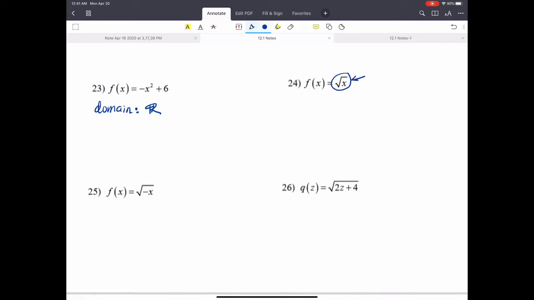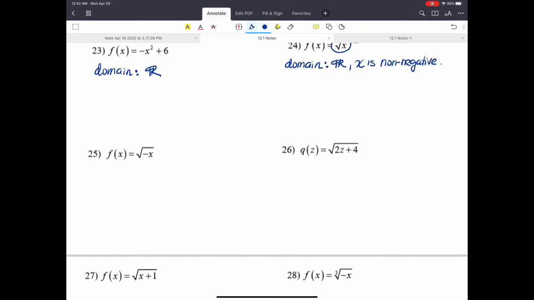And so the domain is going to be all reals as long as x is non-negative.